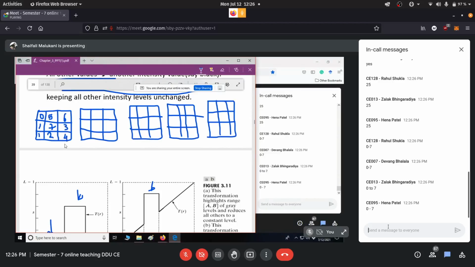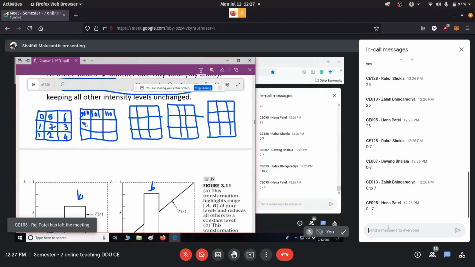Suppose this is my 3-bit 3 cross 3 image. If I represent it in bits, what will be the bit representation of this pixel? It will be 0, 0, 0. That will be 1, 0, 1. This will be 1, 1, 0.